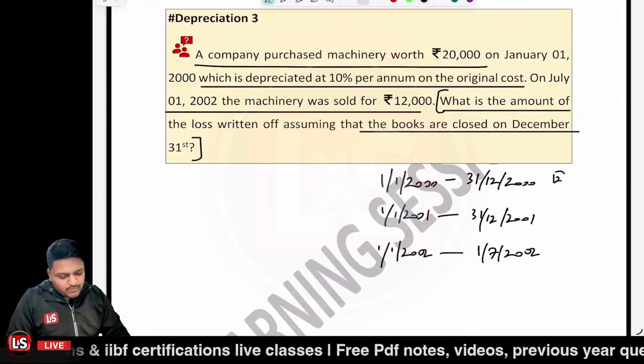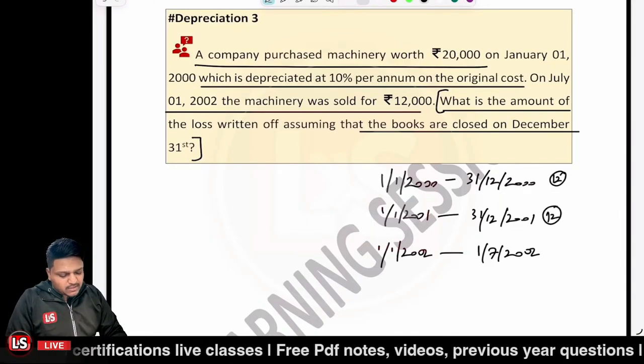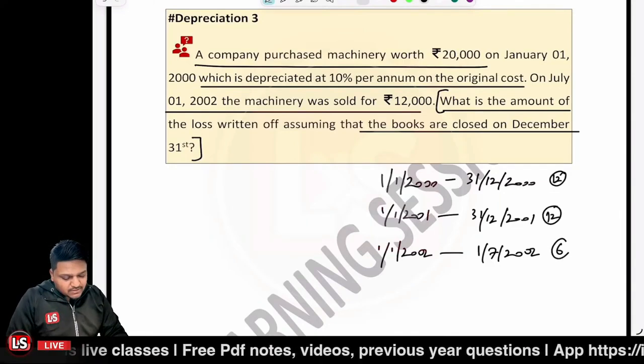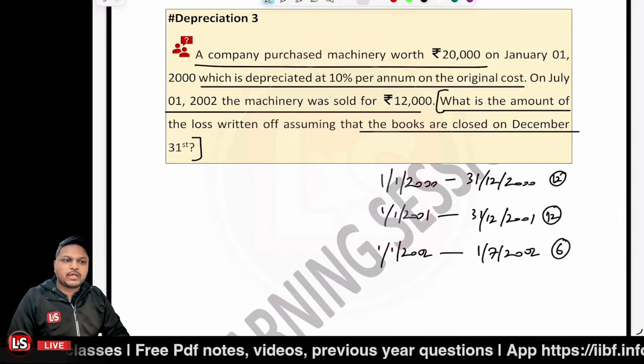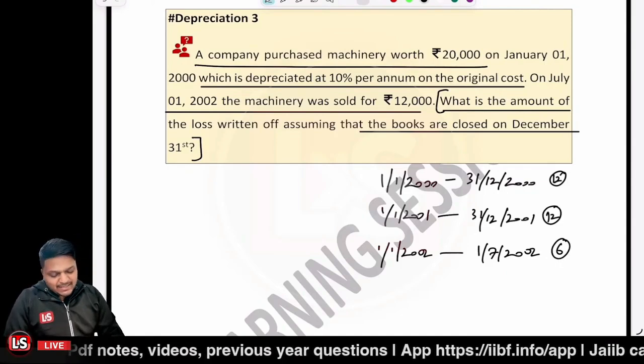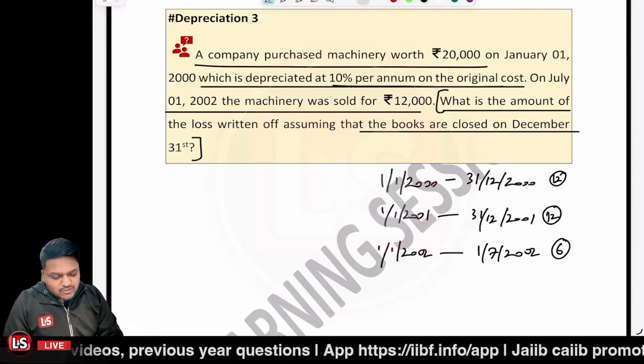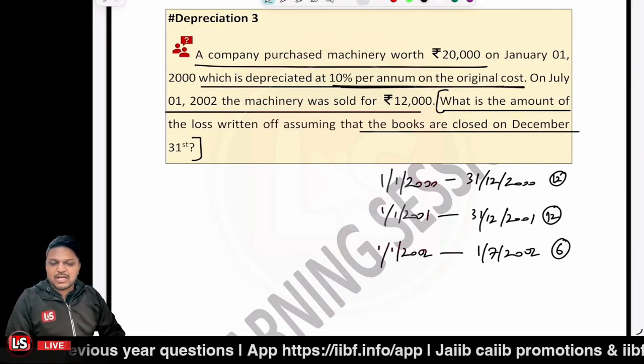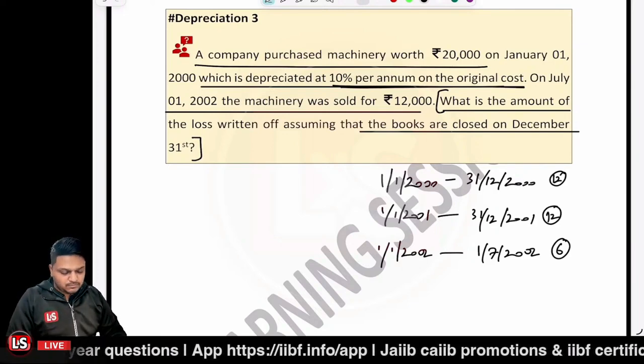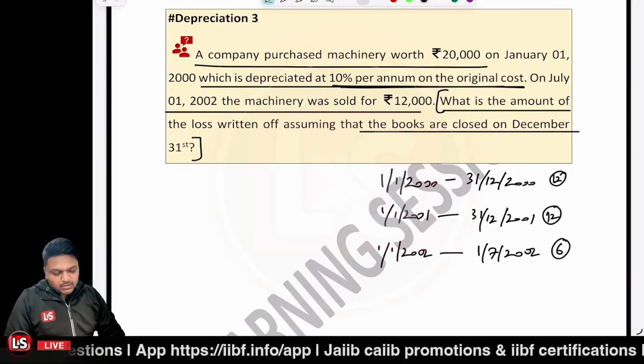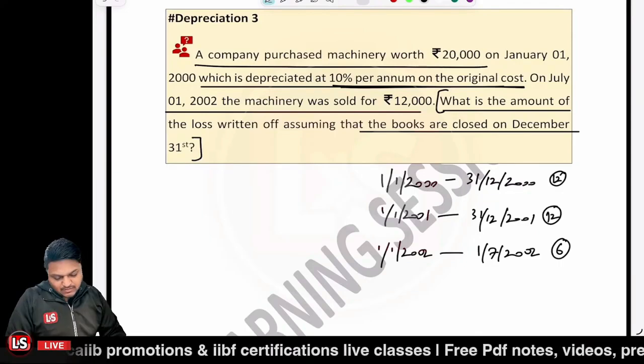So here complete 12 months, here complete 12 months, and here complete 6 months. And it is said again that depreciation is to be charged on the original cost. Means straight line method of depreciation is to be used, right?